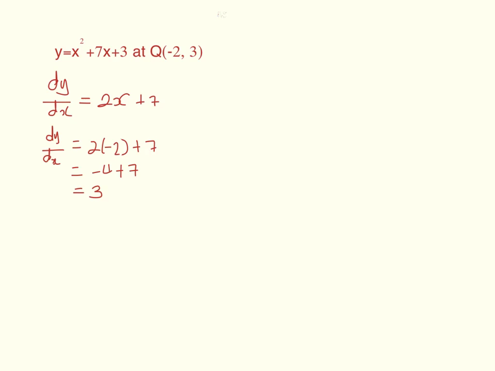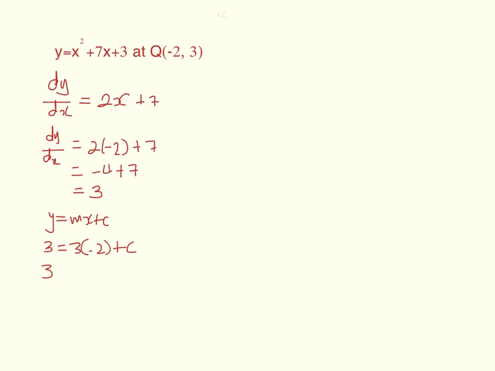Now that I know my gradient is 3, I can go and find the equation of the line, y equals mx plus c. This is my x value, that's my y value, this is my m. I'm just going to substitute them in there. That becomes 3 is equal to 3 times minus 2 plus c.